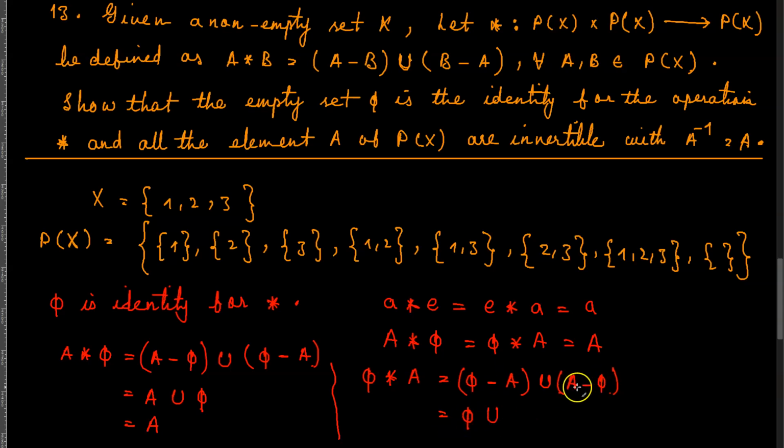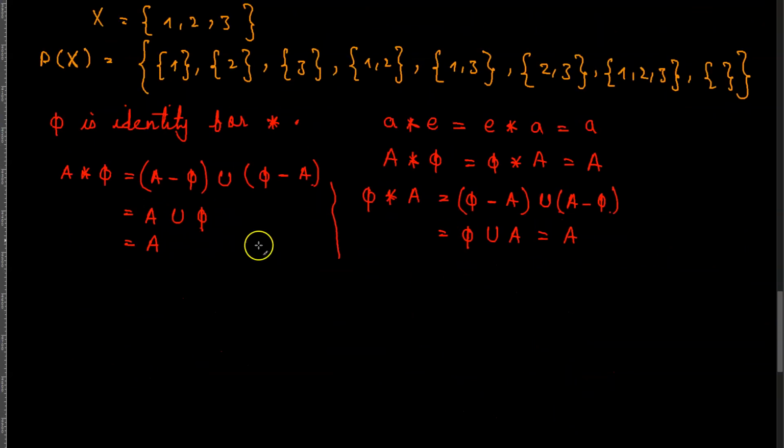Subtract the null set from any set, you end up with the same set. And take the union of the null set with any set, you end up with the same set. Which proves that A star the null set is equal to the null set star A, and in both cases it's equal to A, and therefore you can say that star is commutative.